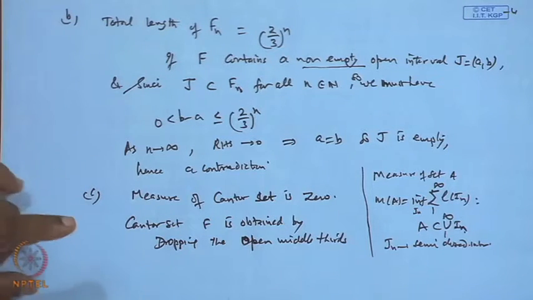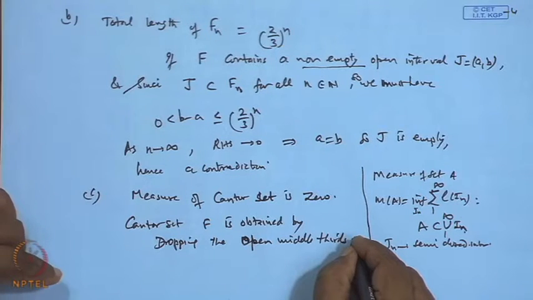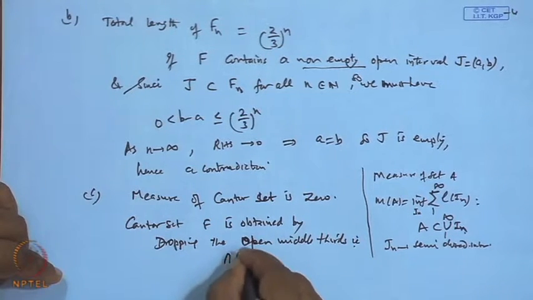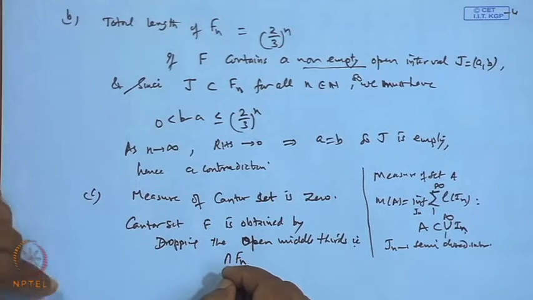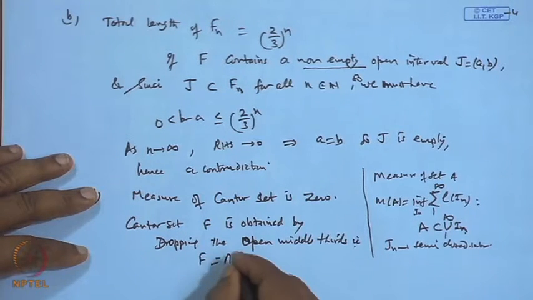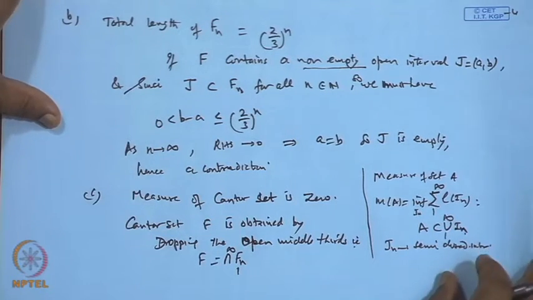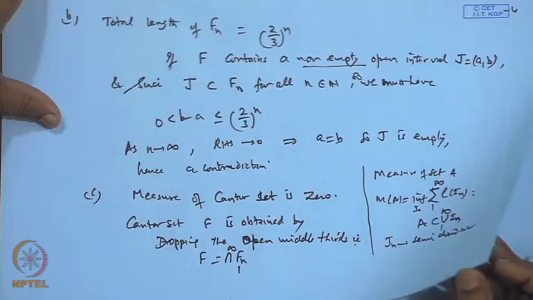So, the intersection of F n, n from 1 to infinity, will be the Cantor set F, where the F n's are the remaining ones. When you drop the middle one, what happens?